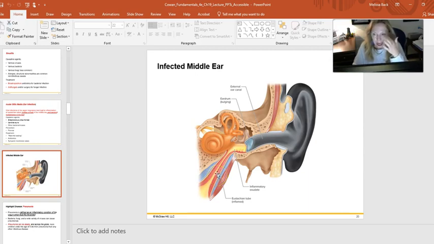So if someone has conjunctivitis, which is inflammation of the membrane in the eyes, they very much need to also check their ears to make sure that the eardrum, the tympanic membrane, is not bulging and that there isn't fluid in the middle ear. Oftentimes conjunctivitis can go along with otitis media, so they both need to be checked.